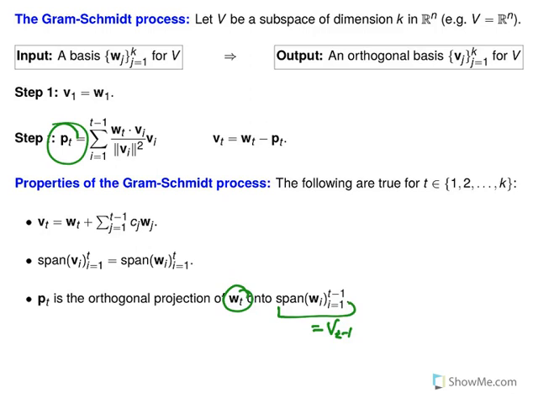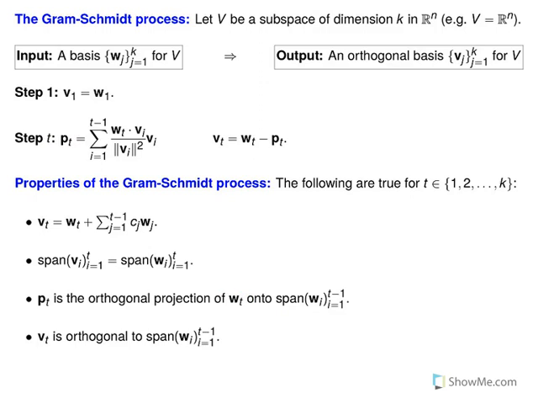It doesn't matter whether you refer to the original basis or the new orthogonal basis, because they span the same spaces. And VT, of course, by construction, is orthogonal to this span. And finally, the norm of VT is the distance between the next vector WT and the last linear space that you built.